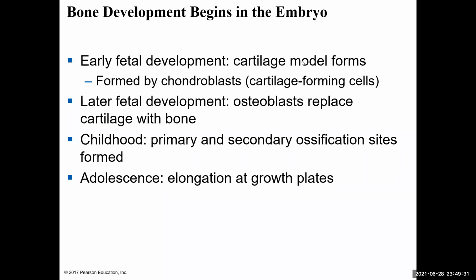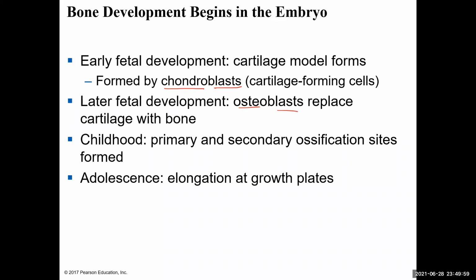So we have cartilage models that are forming the skeletal system. And these cartilaginous structures are formed by chondroblasts. Okay. And remember, we said blasts are the forming cells. So chondro is cartilage, right? So this is cartilage forming cells.